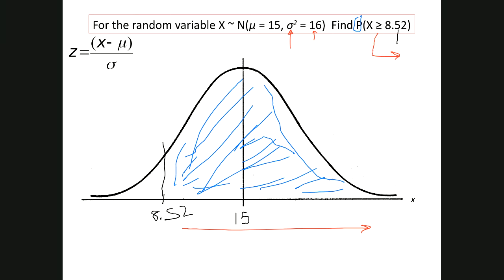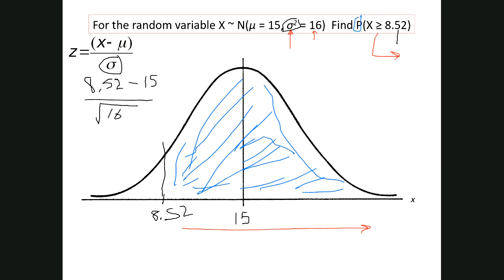X is 8.52. Our mean is 15, but we're subtracting that from the x value. And then we're dividing by sigma, not sigma squared, so we have to take the square root of 16. Because this is sigma, this is the standard deviation, and it's not the variance.